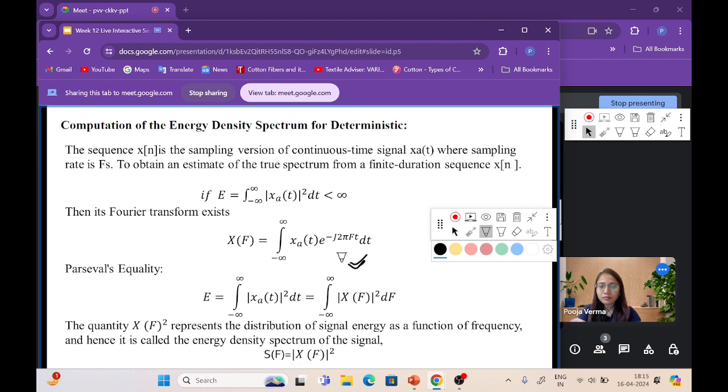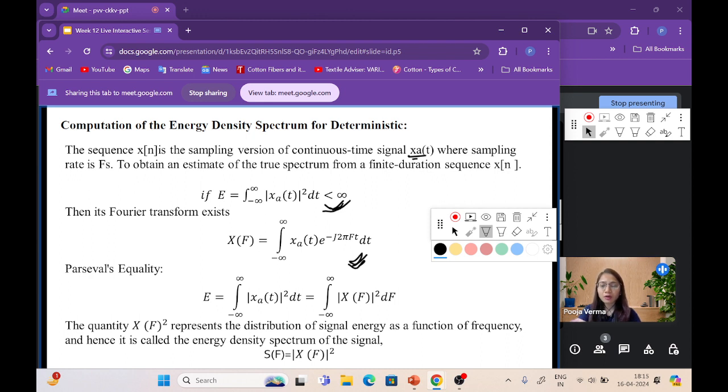Okay, if there is any sequence x of n which is a sampled version of a continuous-time signal xa of t, then the energy is calculated by this, and the Fourier transform must exist by this equation. Then Parseval's equality is: the integral from minus infinity to infinity of mod xa of t square dt is equal to the integral from minus infinity to infinity of mod of X of f whole square df.